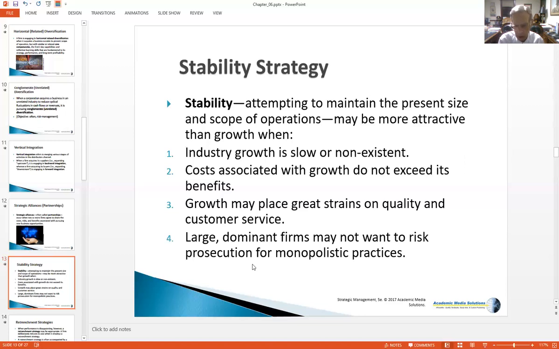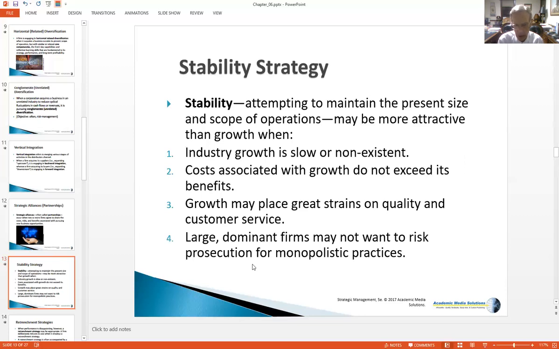Because if the company stays about the same size and its costs, everything from wages to the cost of its materials and its overhead, electric power, whatever, continue to rise, if the company's revenues don't rise at the same rate, the profit margins will fall.